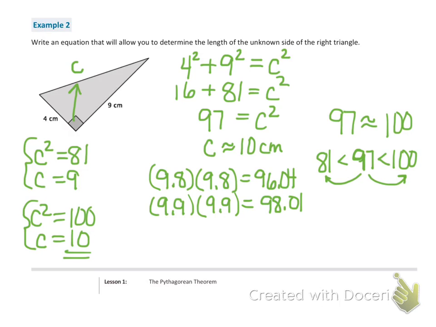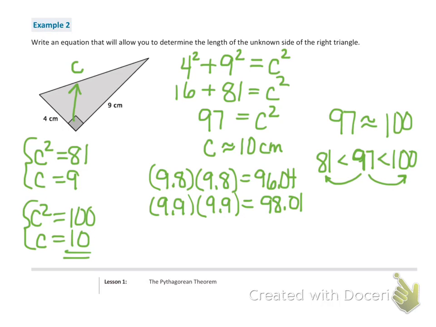All right, so what do those two pieces of information tell me? Well, I know that 97 is in between those two numbers, right? Between 96 and 98. So my length here has got to be between 9.8 and 9.9.